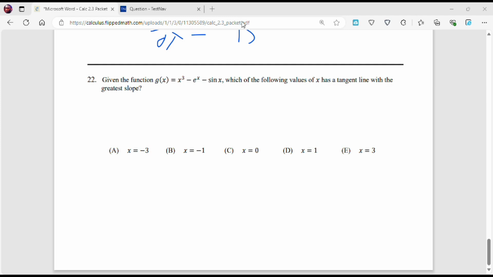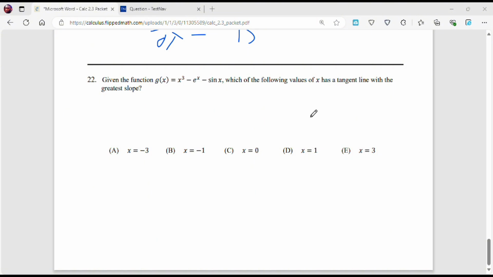Okay, for our last question, we are given the function g of x equals x cubed minus e to the x minus sine x. Which of the following values of x has a tangent line with the greatest slope? And so we're going to use a calculator again, because unless you know how to calculate negative sine of negative 3 or negative sine of 3, then we're going to have to use a calculator.